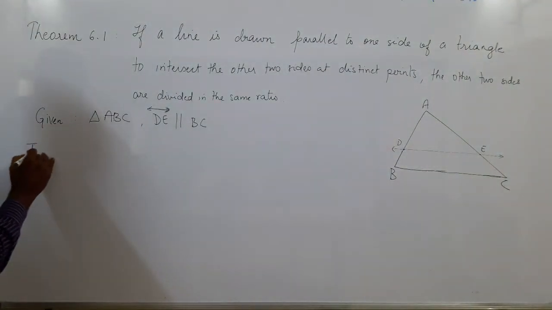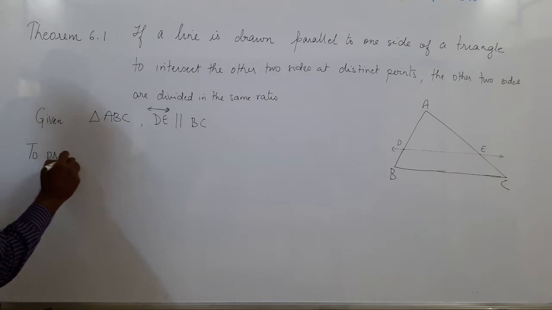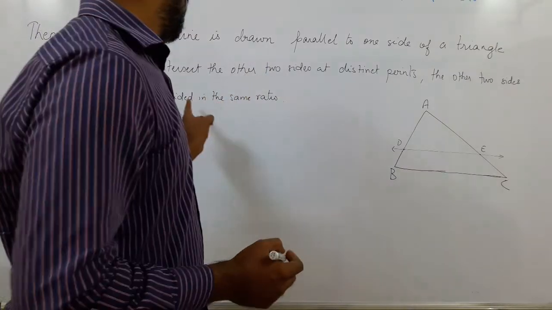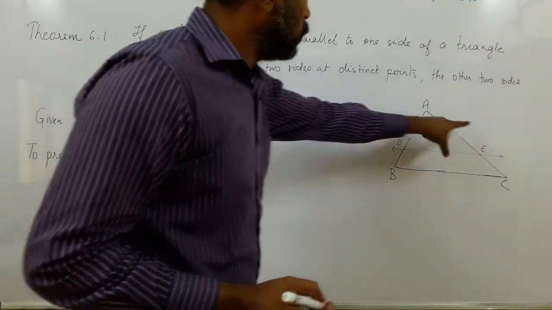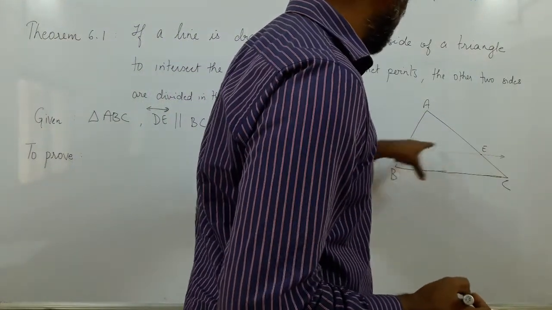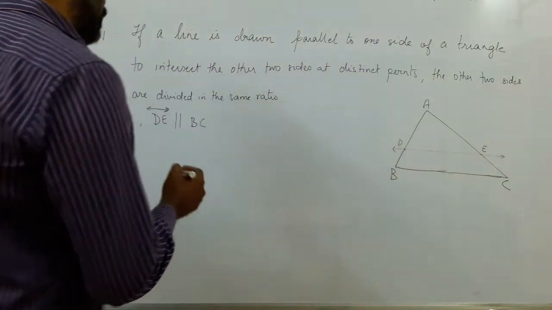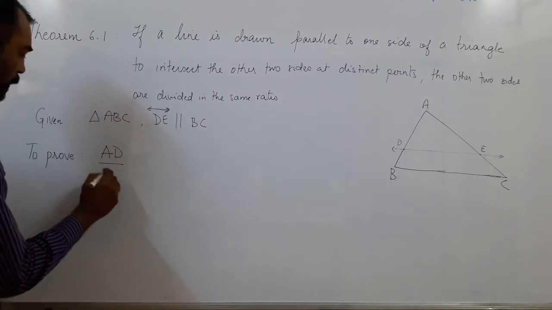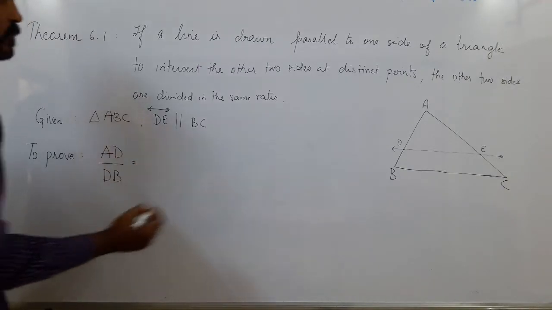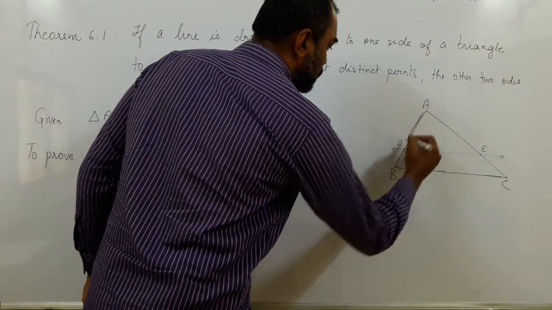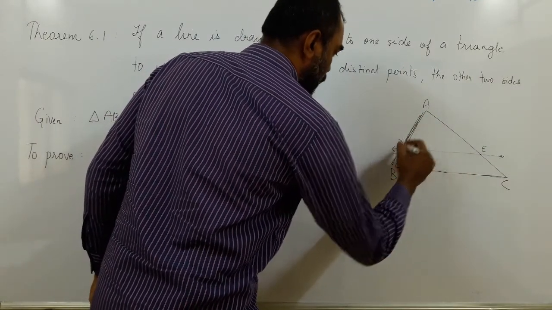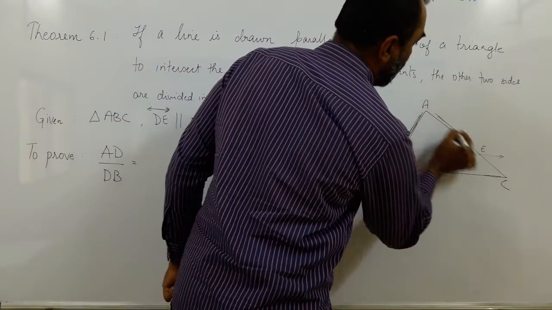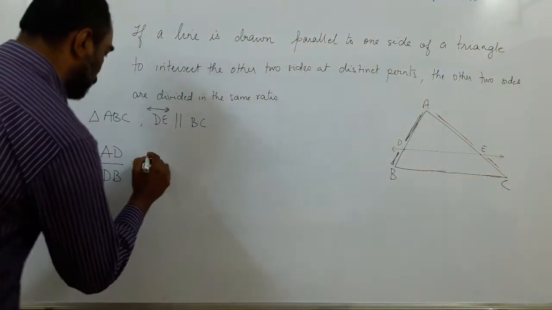What we have to prove? We have to prove the other two sides are divided in the same ratio. These two sides are divided by this point in the same ratio, means we have to prove AD upon DB, the ratio of this side and this side, AD and DB, is equal to the ratio of AE and EC.